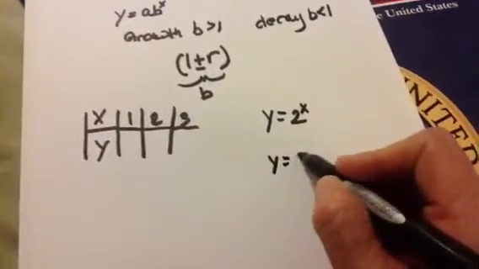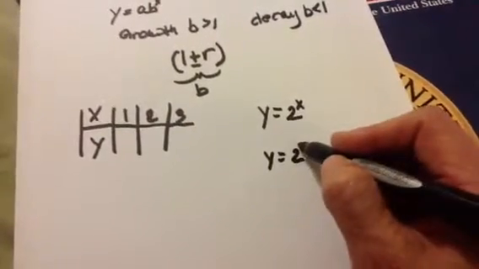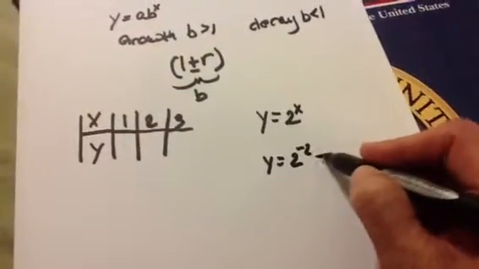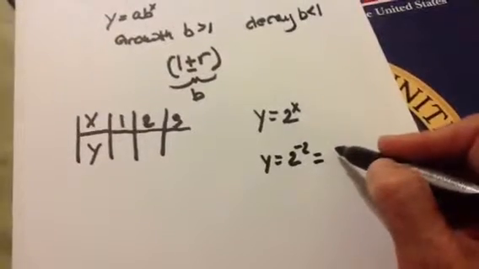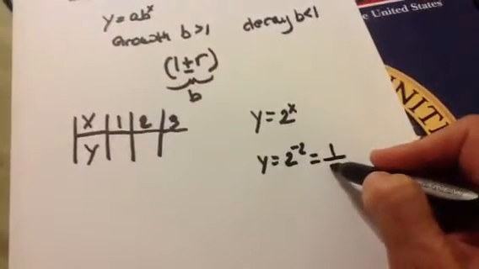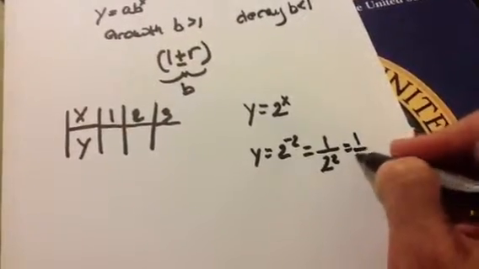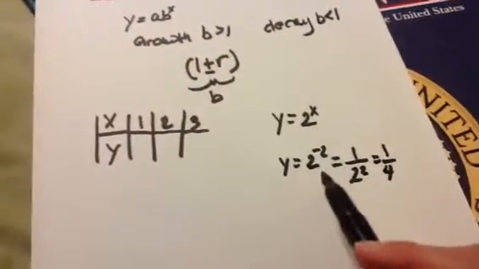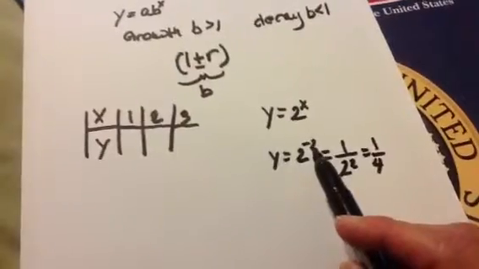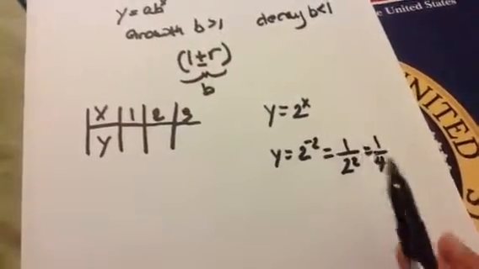See, y equals 2 to the negative 2 power. Remember your negative exponents? You write the reciprocal. It's really 1 over 2 to the second, which is 1/4. So for every input value of negative 2, you get out 1/4.